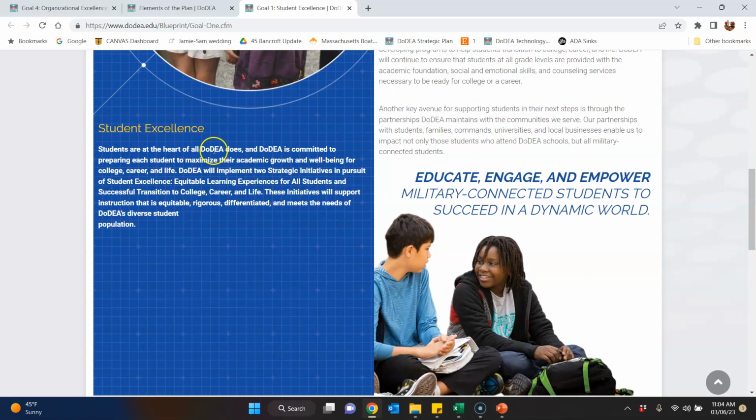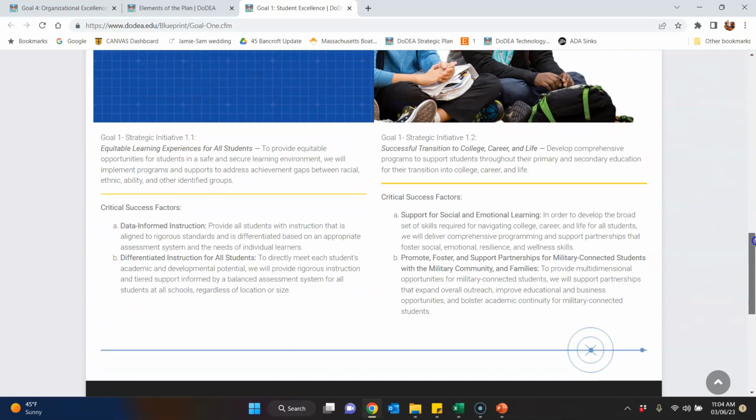So students are the heart of the DoDEA, of all that DoDEA does, and they're committed to preparing each student to maximize their academic growth and well-being for college, career, and life. So again, this is about the students.